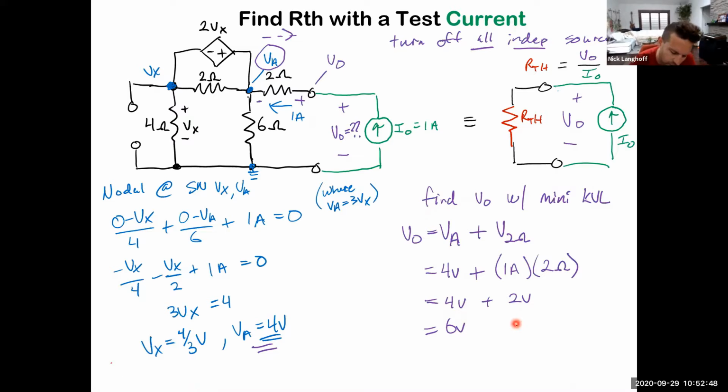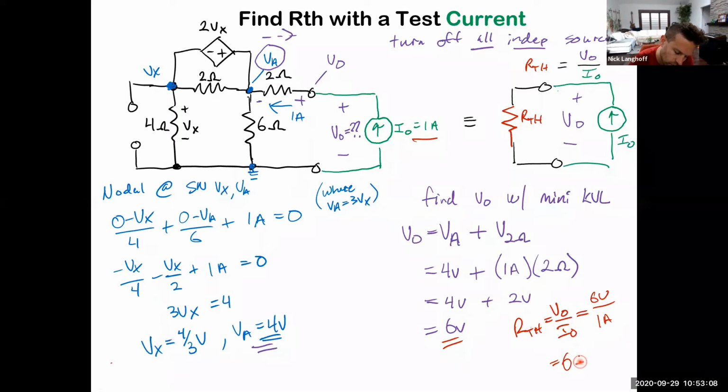Remember our Thevenin equation is just V naught over I naught, which is 6 volts, as we just found. I naught we applied was 1 amp of test current. So that all equals 6 ohms.